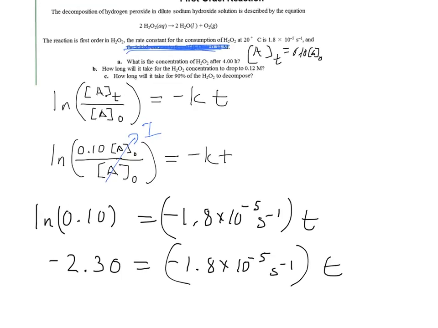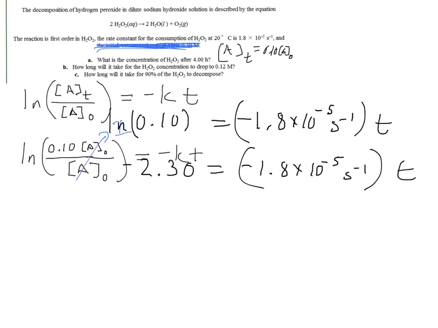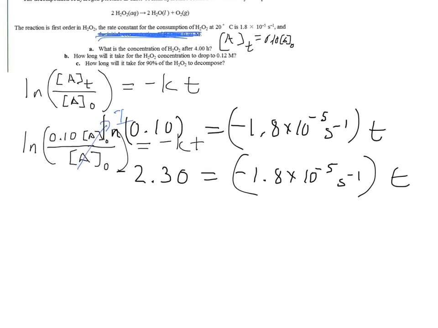That equals, now we divide both sides by the rate constant, negative 1.8 times 10 to the negative fifth inverse seconds.